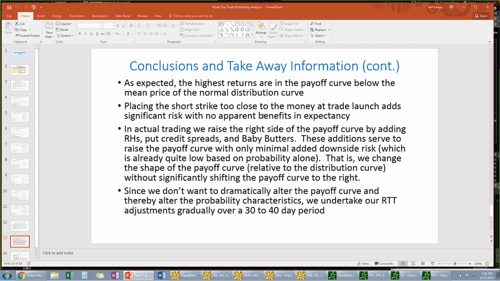We know that if you come too close to the money, you're going to have more risk, and really you don't get any apparent benefits for the amount of risk that you're taking.